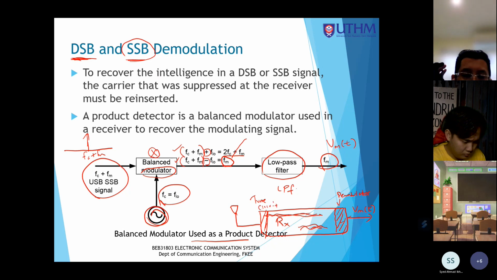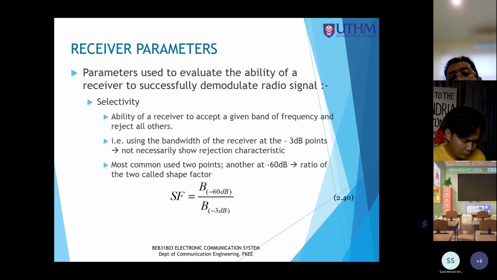Slide seterusnya adalah berkenaan dengan tune circuit, bahagian awal receiver. Bahagian awal receiver ini adalah proses untuk mencari frekuensi yang kita inginkan.